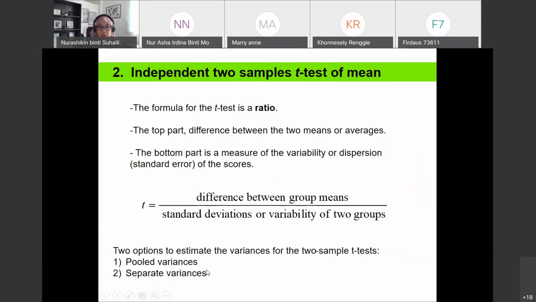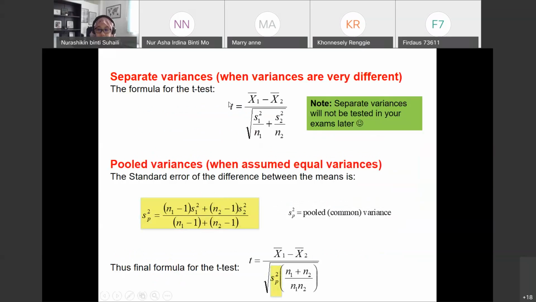Those are the two cases under independent samples. You don't have to worry about separate variances. This will not be asked in the exam or focused on in this course. But what you have to take note of is the pooled variance. The pooled variance means when the variances are assumed equal.